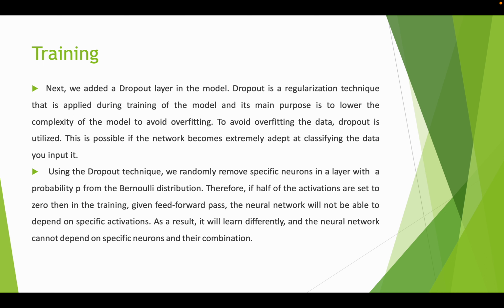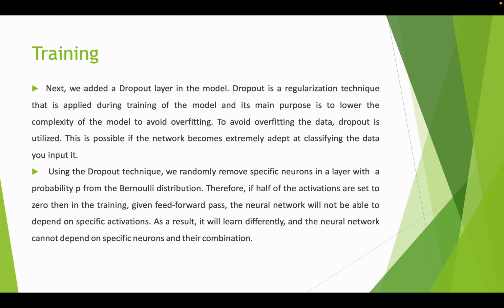So we had to pre-process the data and cut down the image to 224 by 224 to meet this requirement. Next, I added a dropout layer in the model. Dropout is a regularization technique applied during training of the model, and its main purpose is to lower the complexity of the model to avoid overfitting. Overfitting is possible if the network becomes extremely adept at classifying the data you input.